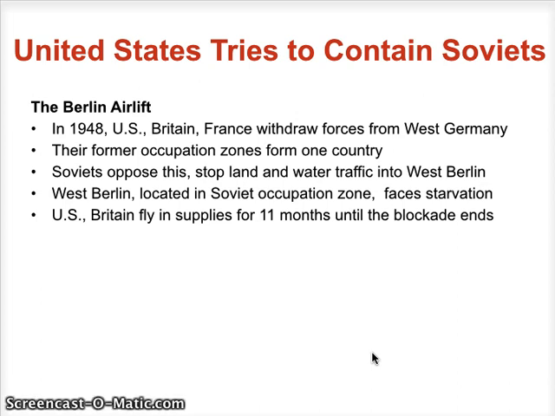Because Western Berlin is located in the Soviet occupation zone, many of the people in Western Berlin end up starving. They have no way to get food into that part of the city. What the US and Britain end up doing is flying in food until this blockade ends.